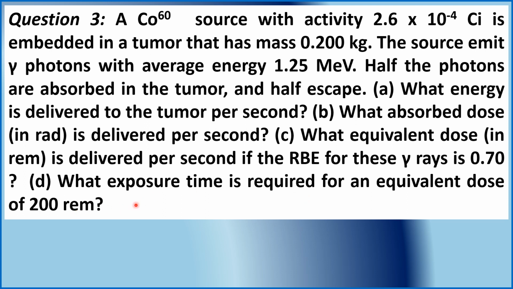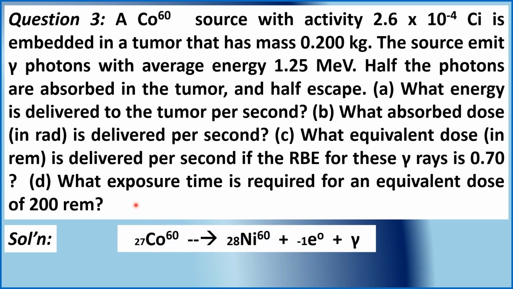All right, so for our initial solution, we first take note that the nuclear reaction for the isotope cobalt-60 to produce gamma photons is shown in this equation.